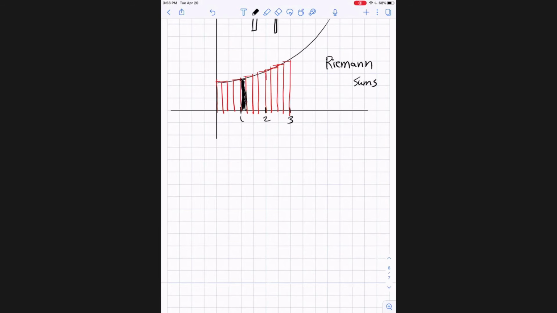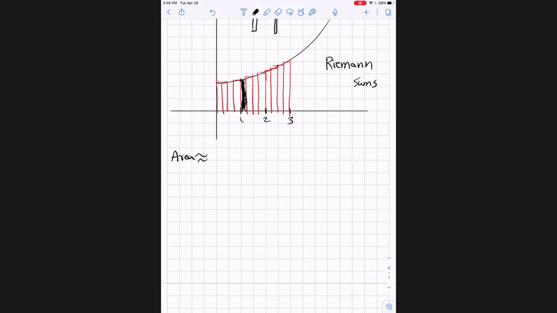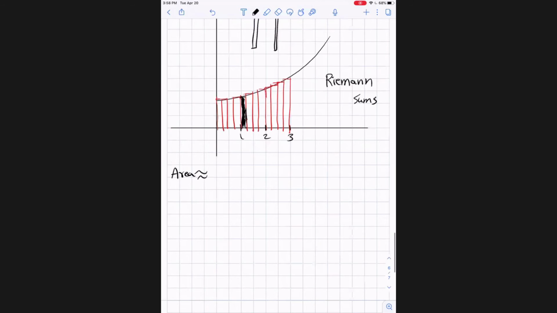So let's talk about the area here. The area underneath the curve could be approximated by adding up every single one of these rectangles. So the area of the first rectangle will be f of x sub 1 with a little star. Don't worry about the star, just put it and I'll explain it, times delta x.